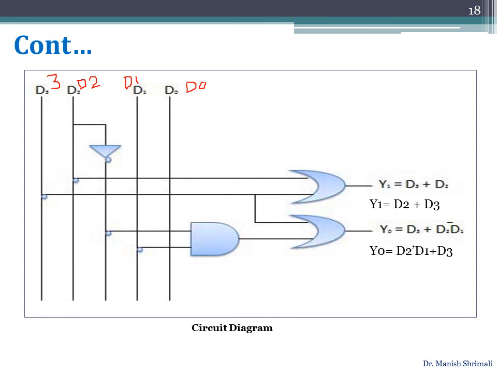So what we have written over here is Y1 is equal to D2 plus D3. From here we are getting D3 and this is D2. So that is what we have written here.